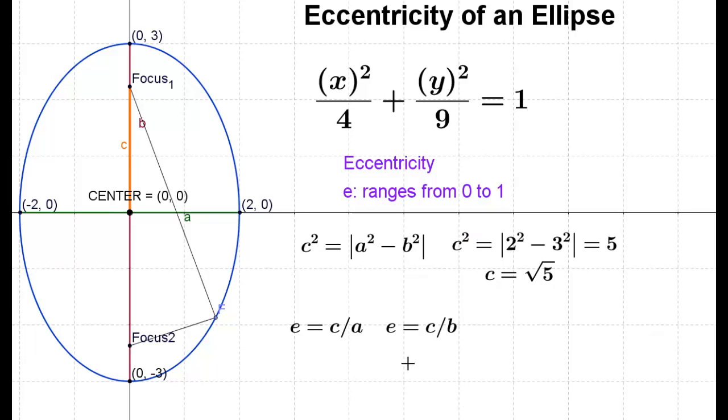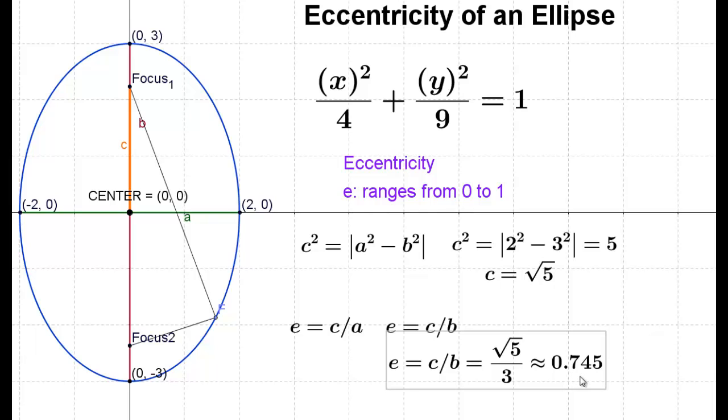Now we calculate the eccentricity E by taking that focal length or focal distance C and dividing it by either A, in the case of A being the semi-major axis, or B in the case of B being the semi-major axis. In our case, because B is the semi-major axis, the eccentricity is equal to C divided by B, which is the square root of 5 divided by 3.